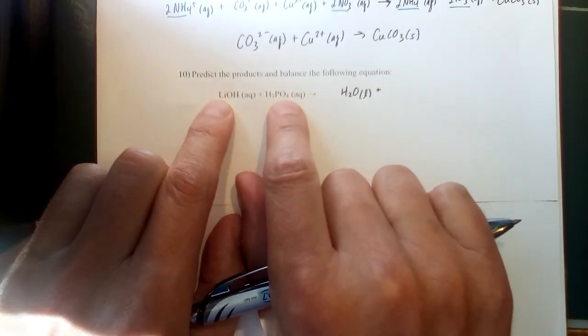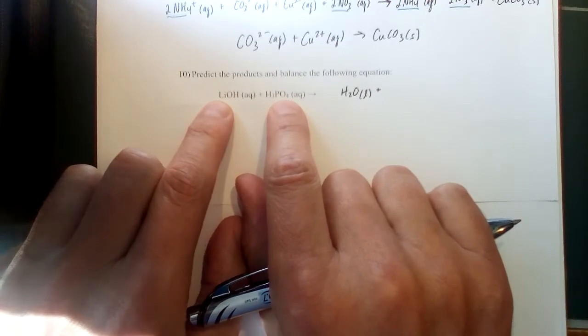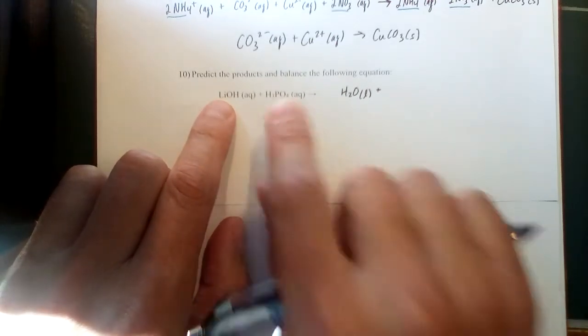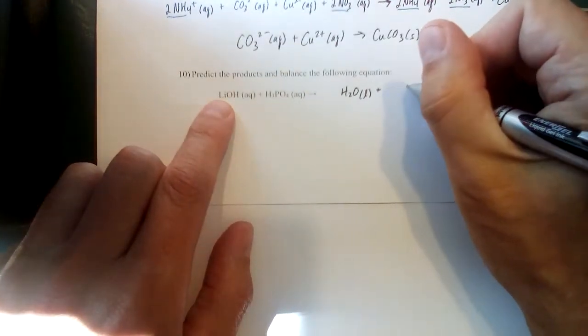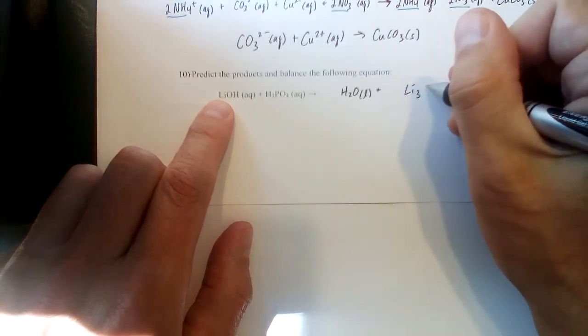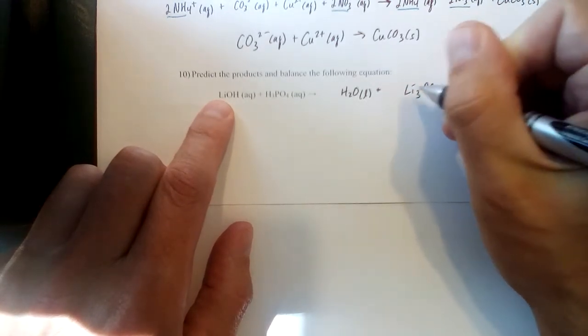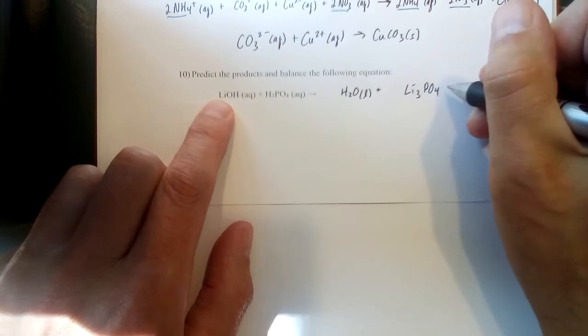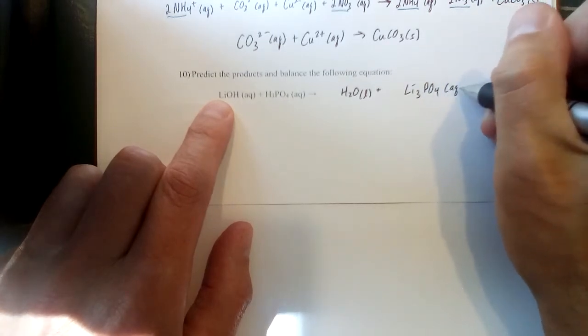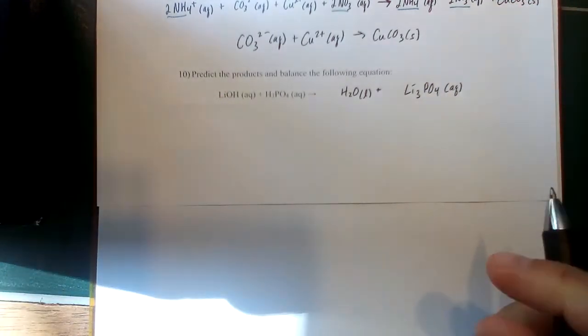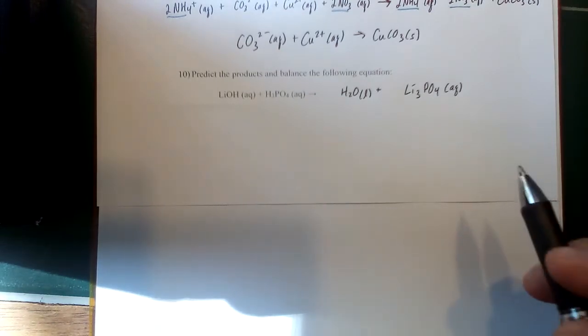Now we should know phosphate has a -3 overall charge, so it will require 3 lithiums to make the product. The correct formula for that product will be Li3PO4. That's a lithium salt, so that should be aqueous in that particular reaction.